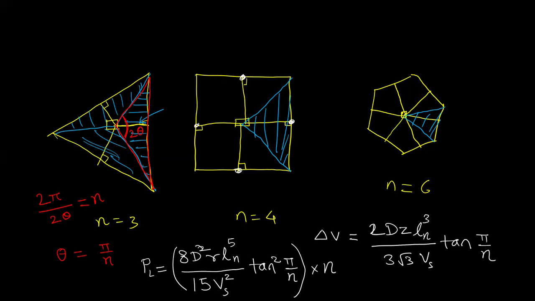If we increase the number of feeders, the voltage drop may increase or decrease, and we can calculate that and do a comparative analysis based upon these particular equations. So let us do a simple case study.